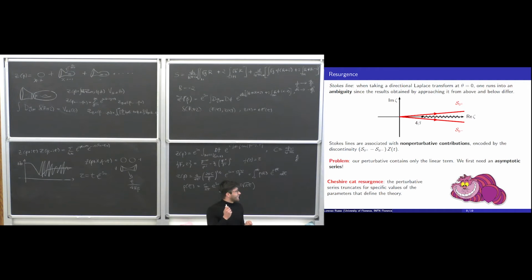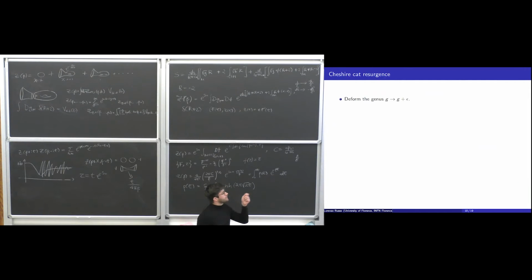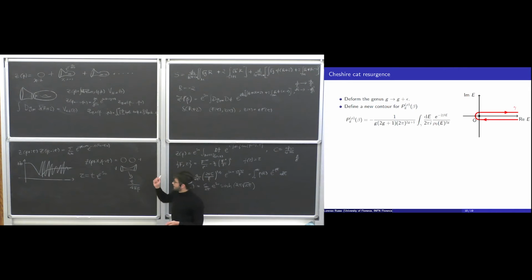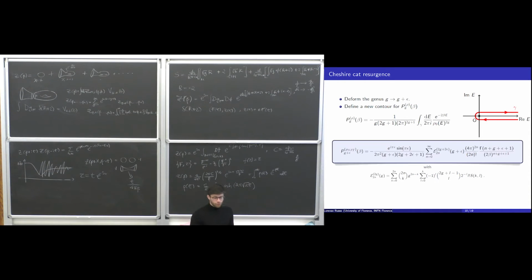And the Cheshire cat parameter, in our case, we discovered to be the genus of the surfaces that we are considering. Clearly the genus of a surface is a natural number, but if you deform it to be a real parameter, then you would discover that your perturbative series reappears.